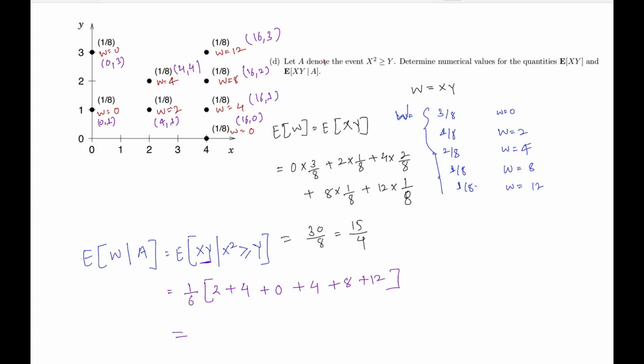That will be equal to 8 plus 12 is 20, plus 4 is 24, plus 4 is 28, plus 2 is 30, divided by 6, which is 5. So you see, if you have a good understanding, then you will not have much difficulty finding these expectation values.